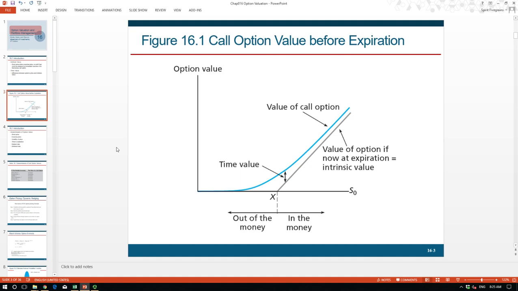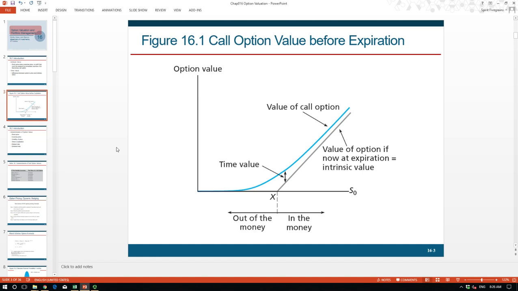As long as the option is not expired, there's always time value attached to an option. As you see, time value tends to be a large number if the option is about at the money, or around the money point, and when the option is deep in the money or deep out of the money, time value tends to diminish.